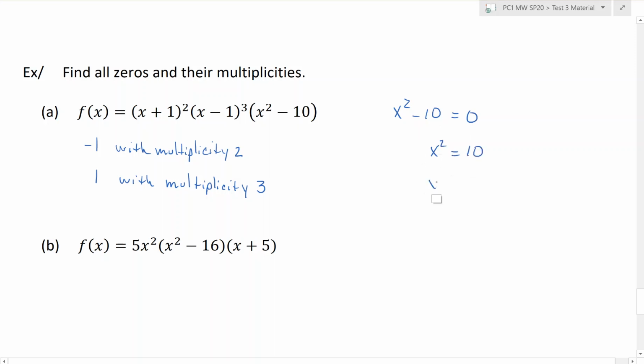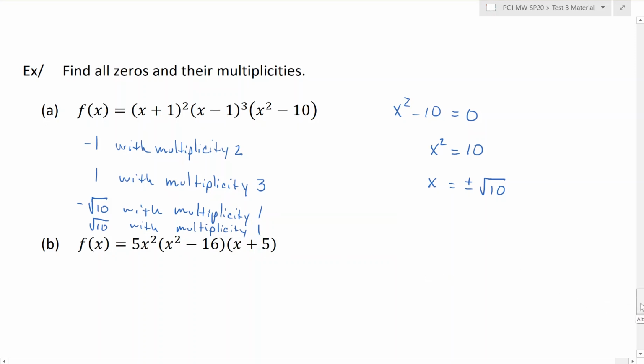So I'm going to use the square root method. So x is plus or minus the square root of 10. So negative square root of 10 with a multiplicity of 1, and square root of 10 with the multiplicity of 1 as well.